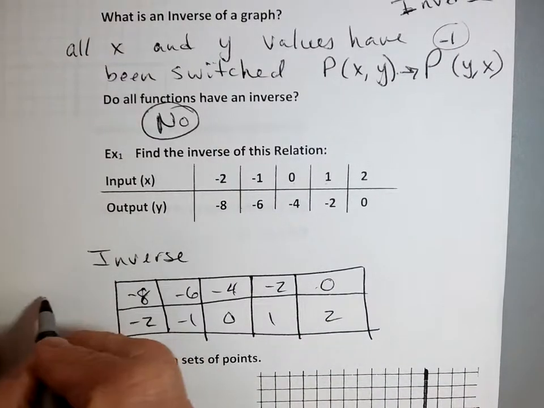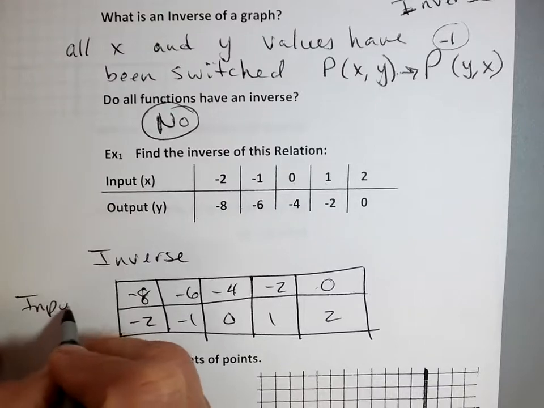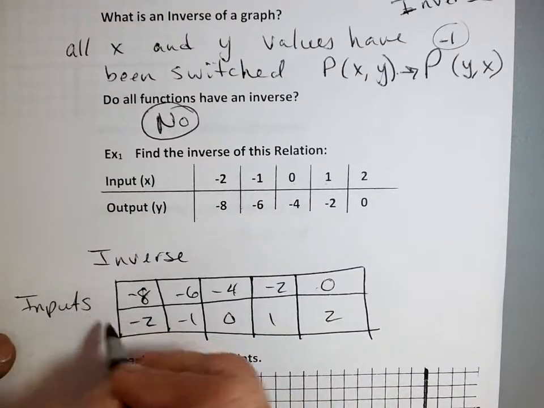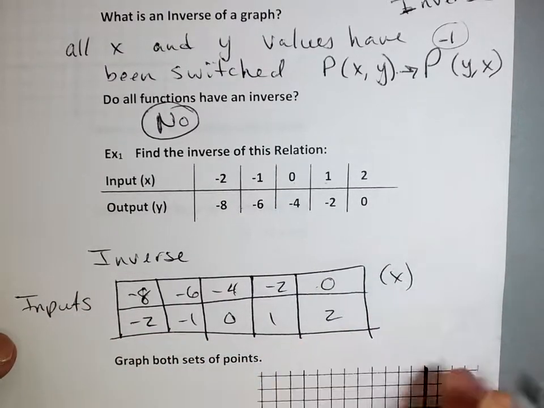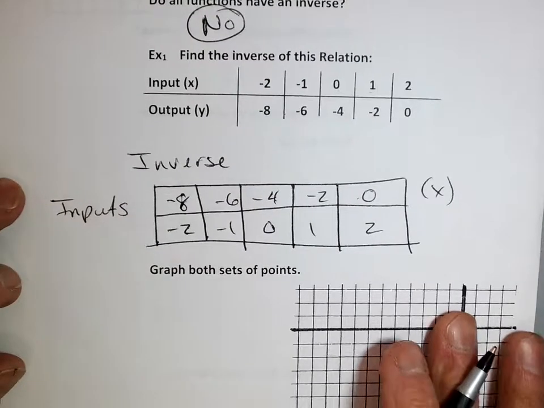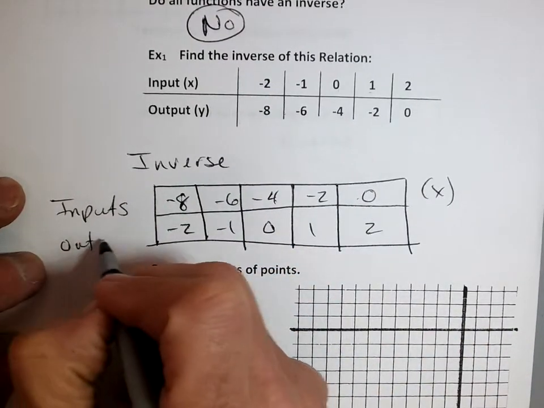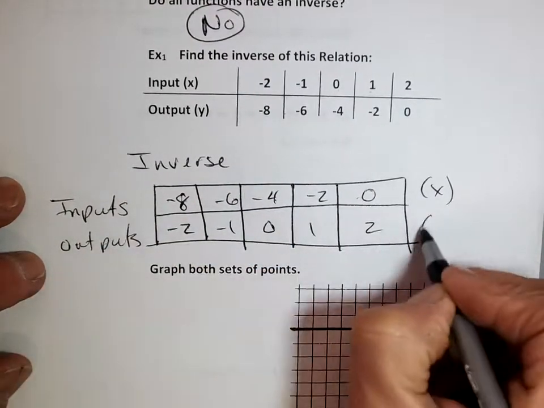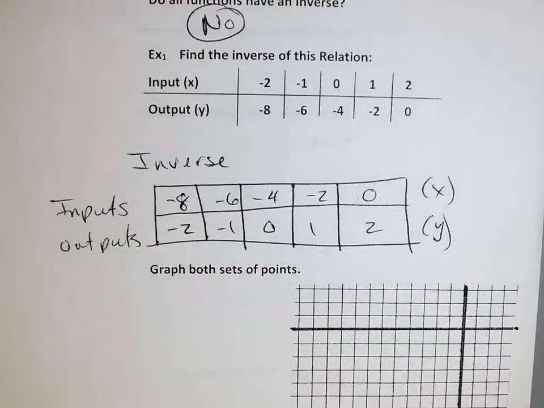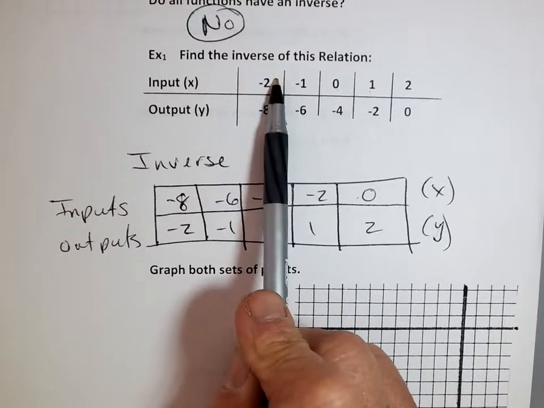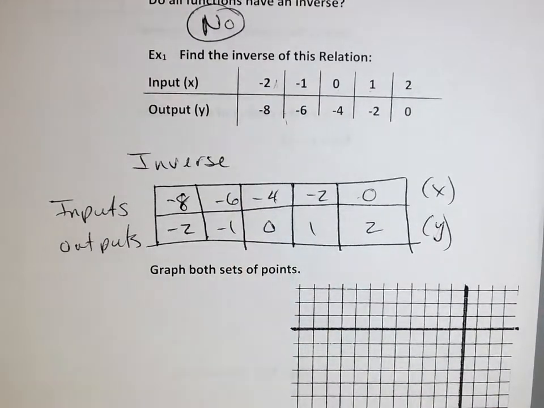These are now my inputs, or my x's, and these are going to be my outputs, or my y's. So all I did is I just switched. My x's became my y's, and my y's became my x's.